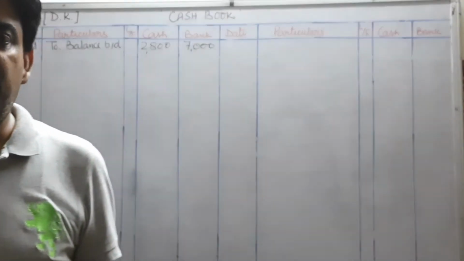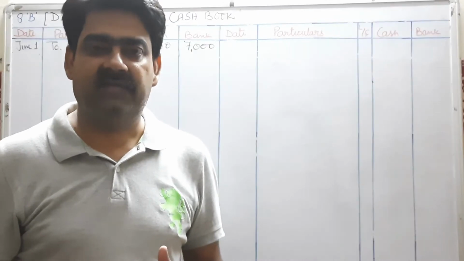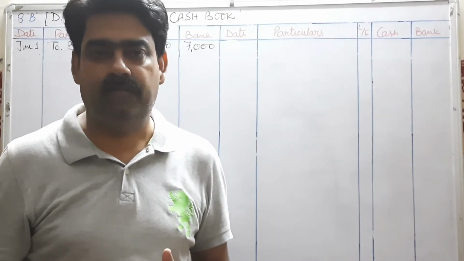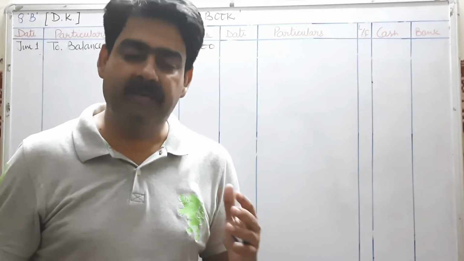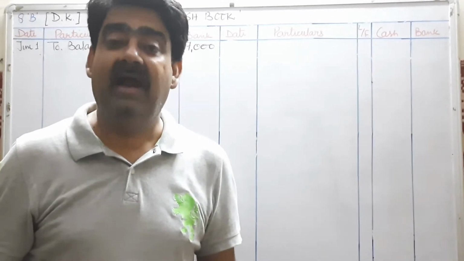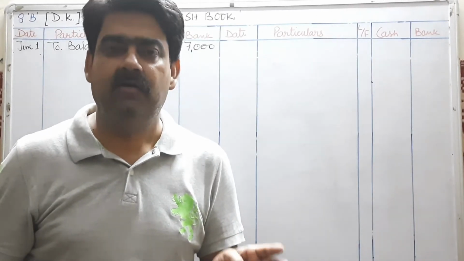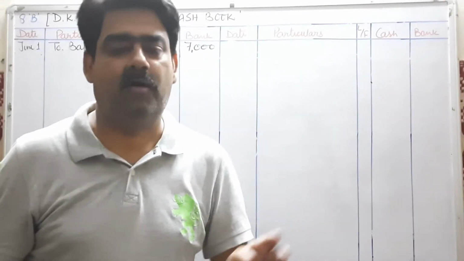So on 5,000 at 1% amount will be 50. So we will receive 4,950 from bank. So bank account debit to bills receivable, this particular portion will come in cash book, and discounting charges account debit to bills receivable, this particular portion will come in journal proper.